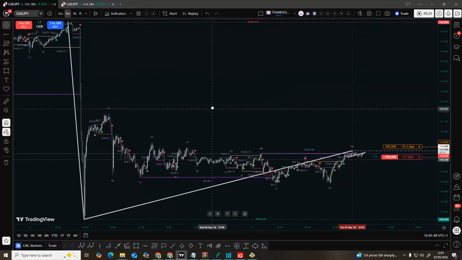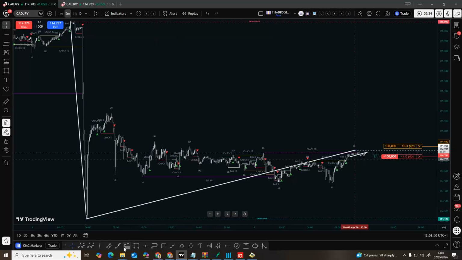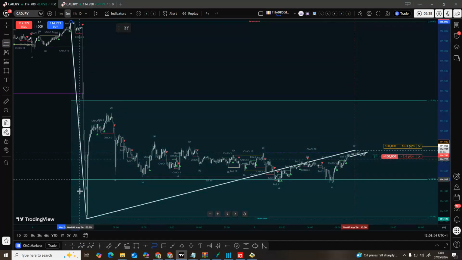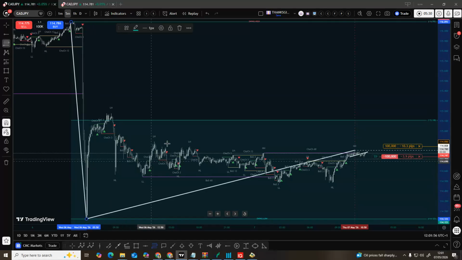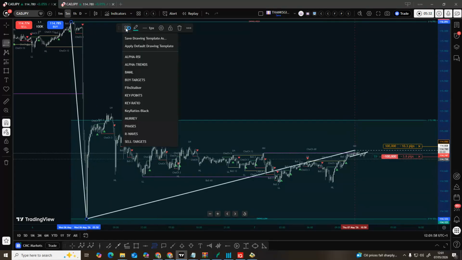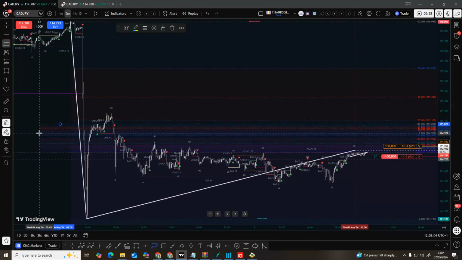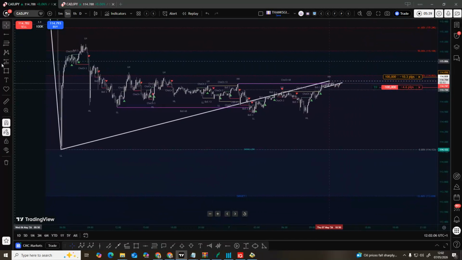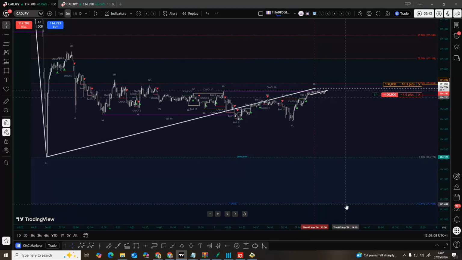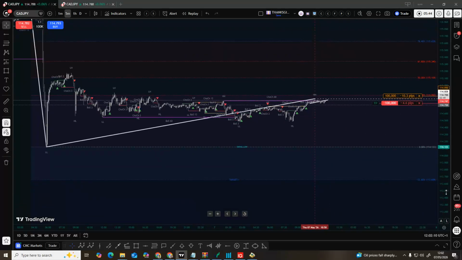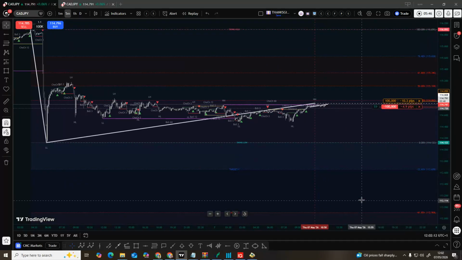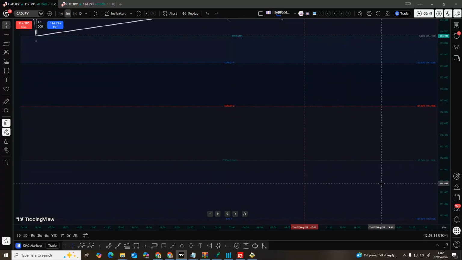We can use the Fibonacci to determine our potential target area. I'm going to use the key ratio, lock this in. So this is the first target here. This is the second target, and so on and so forth.